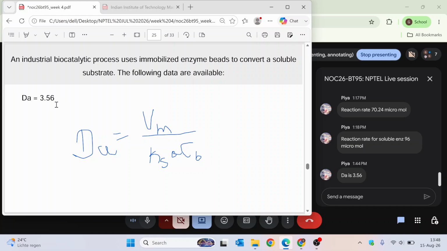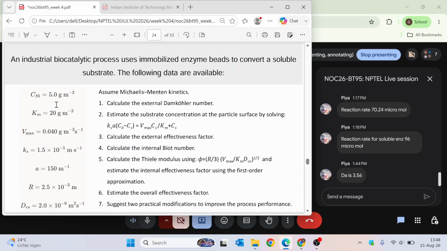When you substitute all the values here, you will get a Damkohler number value of 3.56. And also in this particular scenario, your external mass transfer is very significant because your Damkohler number is greater than 1. The second question is to estimate the substrate concentration at the particle surface by solving for the given equation.